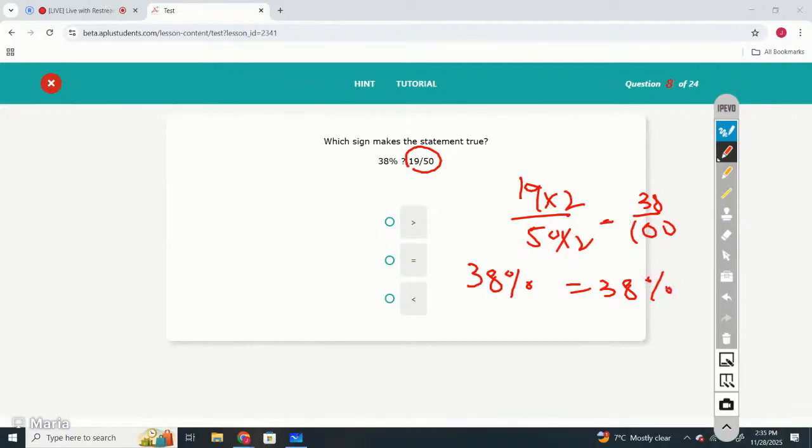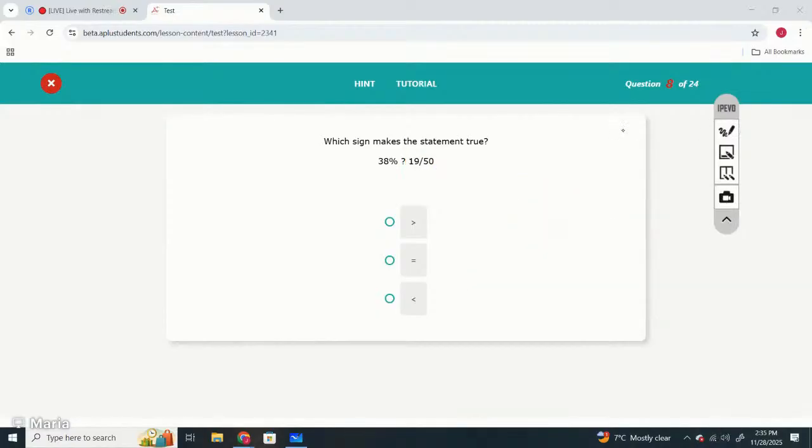Both sides are exactly equal. Option number 2 is the correct option.